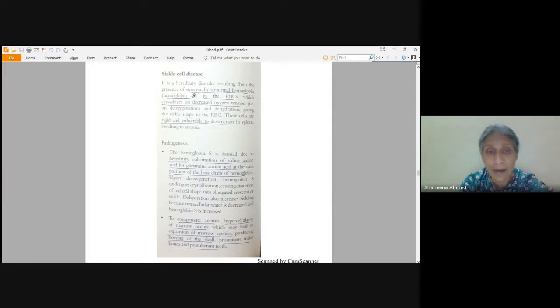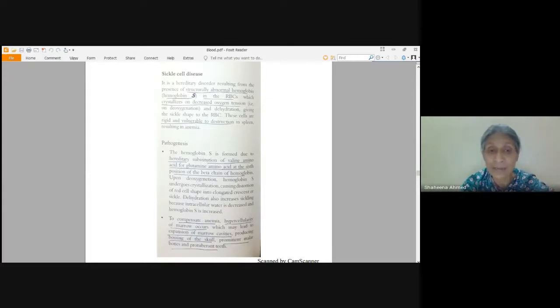Sickle in our native tongue we call a daranti, which you see farmers using in the fields to cut the crop. It becomes crescent shaped, like this, instead of biconvex.